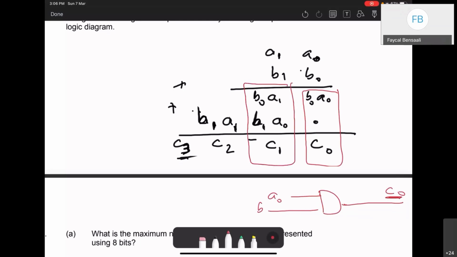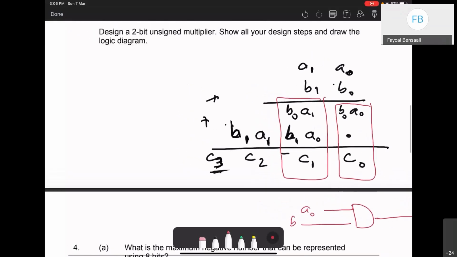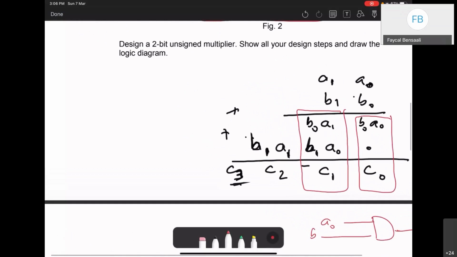How do I get C1? It's going to be a full adder, because you still need the carry for C2. There is no carry from C2.